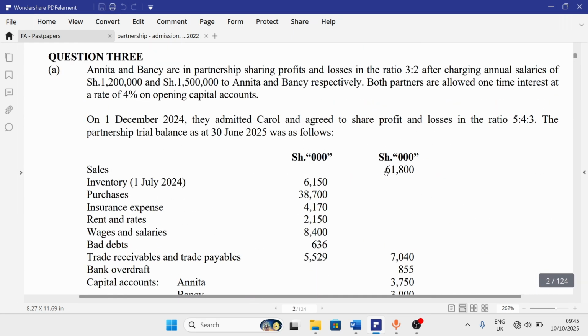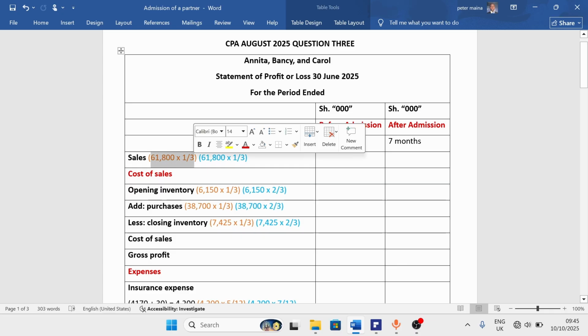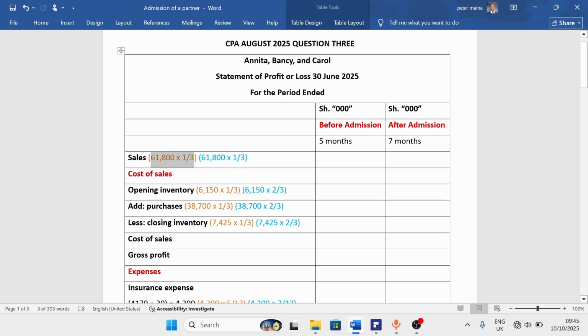So the sales amount is 61,800. So in the first period, we are going to take 1/3 of 61,800, and then we record it in the period before admission. So 61,800 we divide by 3, or we multiply by 1/3, gives us 2,600.